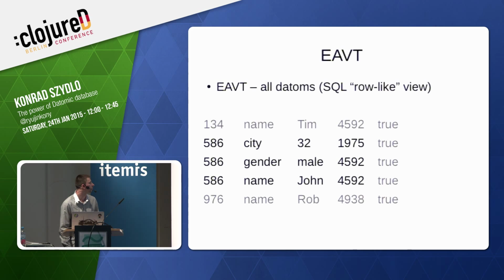So here we've got a snapshot of how datums would be stored, and they are sorted by entity ID. So we've got 134 and then 586 followed by 976. This index is stored for all the datums.